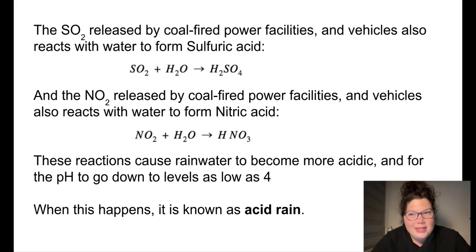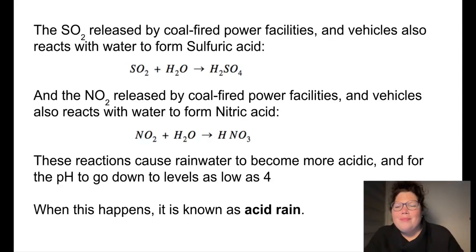This changes because of SO2 and NO2. SO2, as you remember, is released by coal-fired power facilities, vehicles, and combustion. We're going to create that SO2, and SO2 reacts with water to form sulfuric acid. Ooh, sulfuric acid's a nasty one.